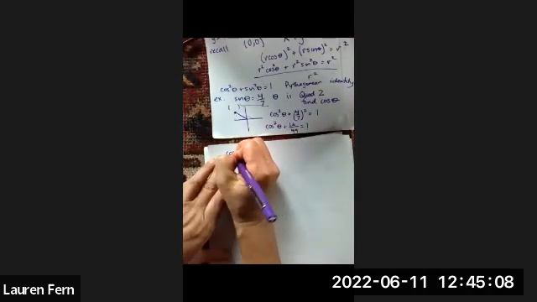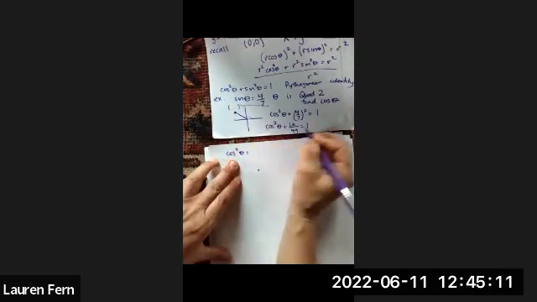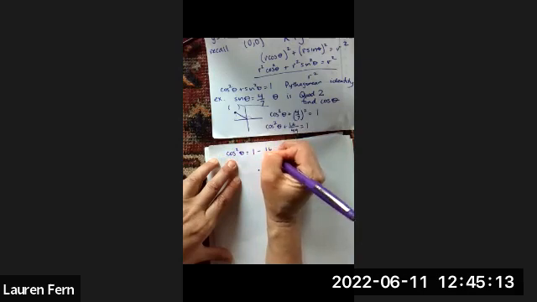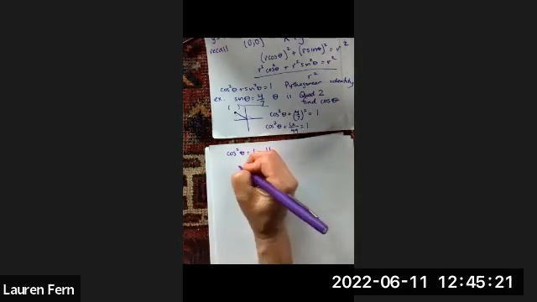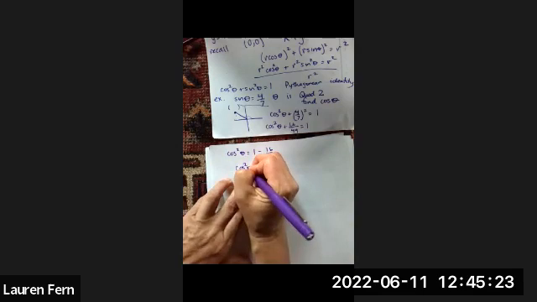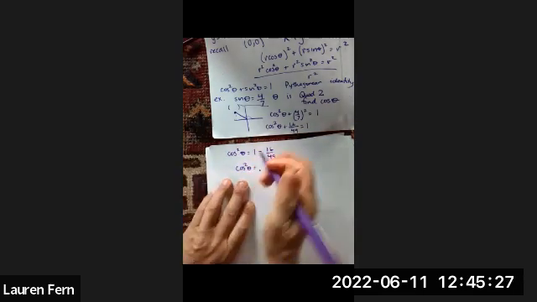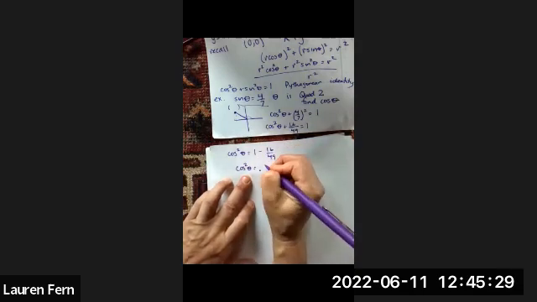We can solve this for cosine squared of theta by moving the 16 over 49 over. Well, 49 49ths minus 16 49ths is equal to 33 over 49.